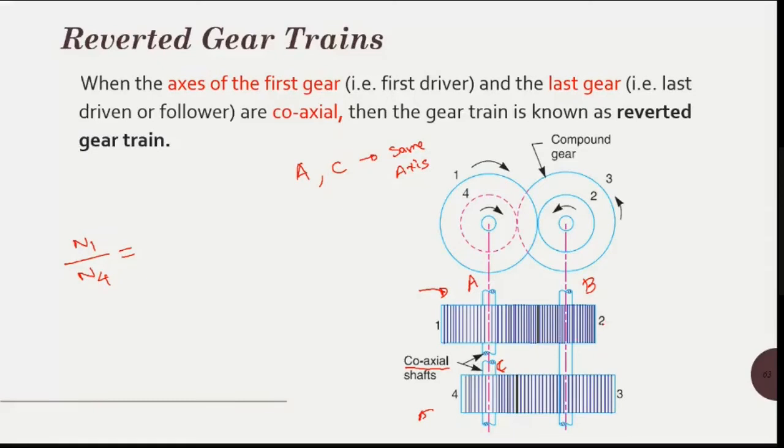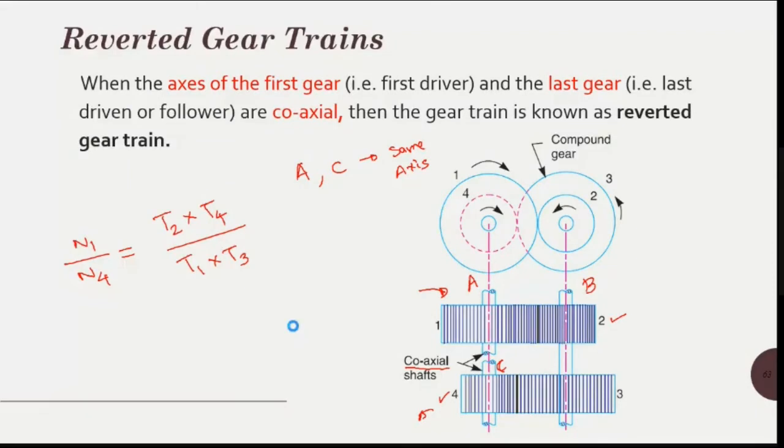Driven are 2 and 4, driving are 1 and 3. So I can write T2 into T4 divided by T1 into T3.